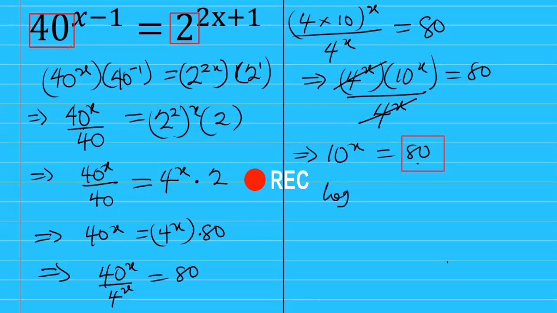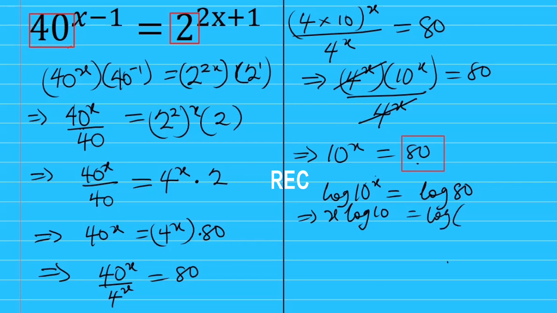So we're going to have log 10 to the power x equal to log 80, and then this x here can move to become x log 10 equal to log 80.